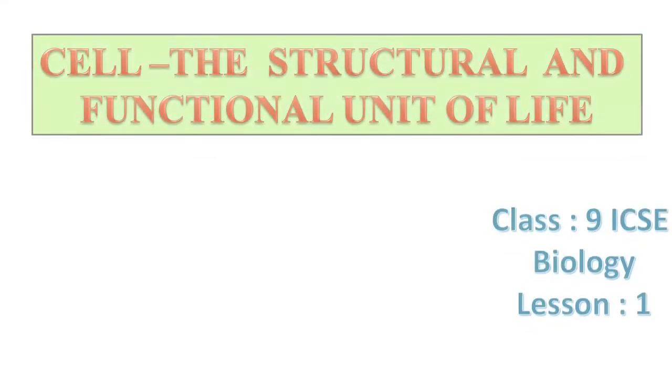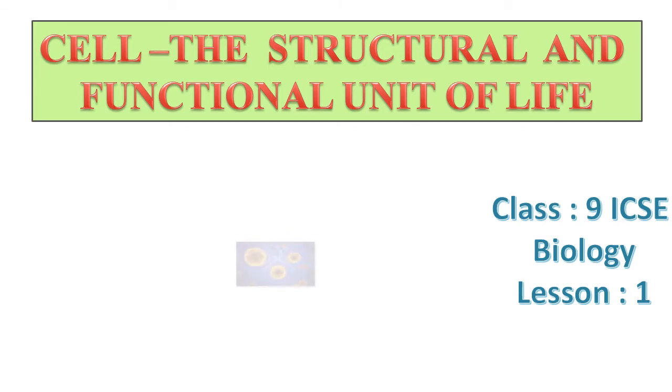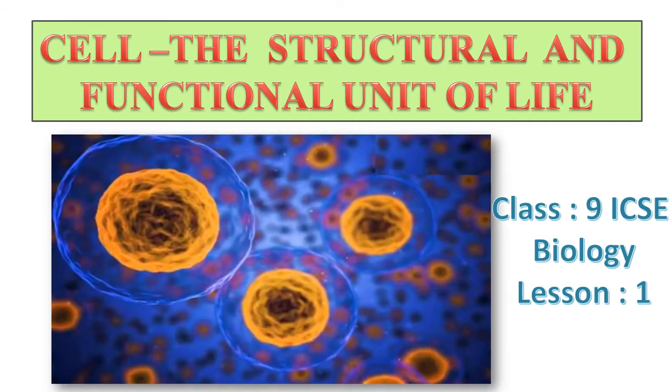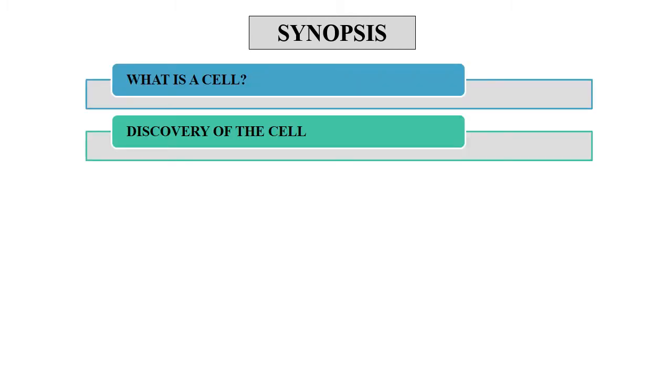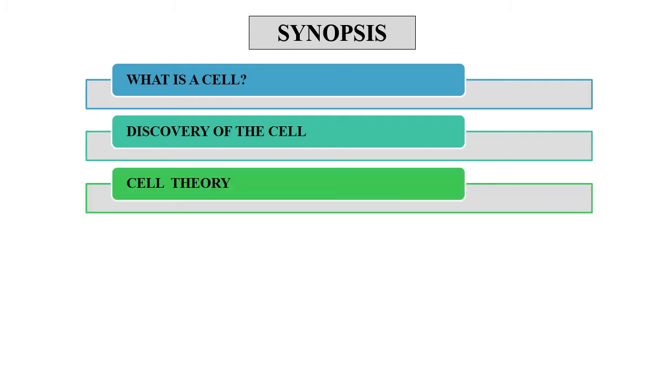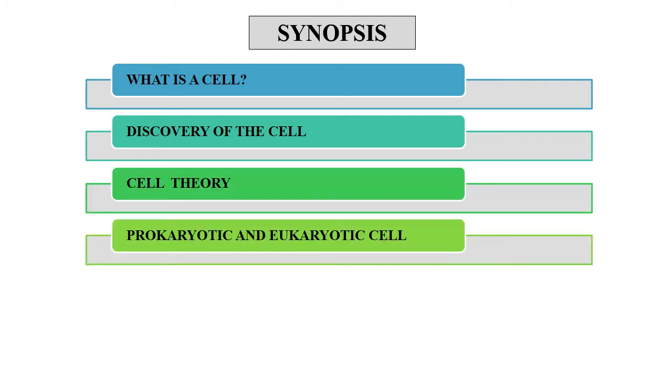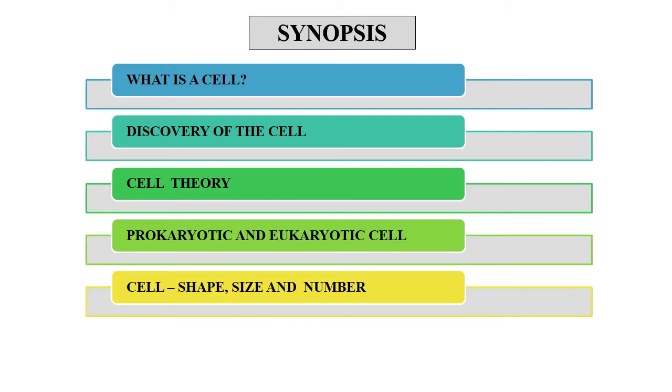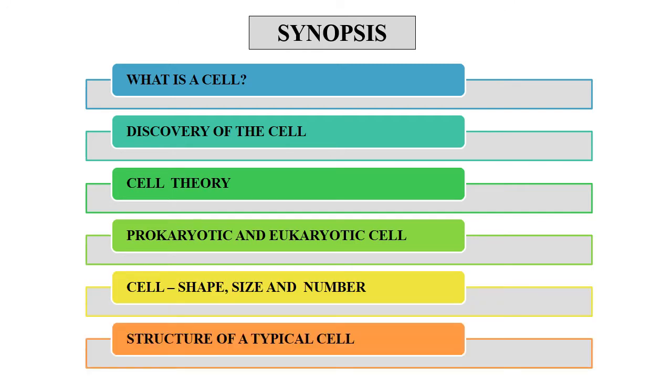Good morning. The chapter for today is Cell, the structural and functional unit of life. Let's see the subheadings of this chapter. What is a cell? Discovery of the cell, cell theory, prokaryotic and eukaryotic cell, shape, size and number, structure of a typical cell.